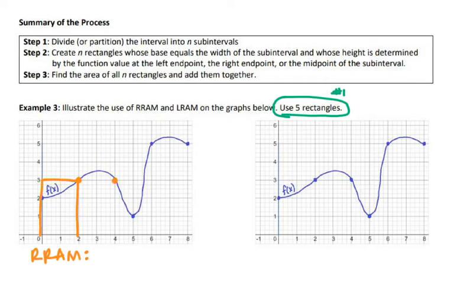So again, you go to that next point and make that the right part of your rectangle. And you're just going to continue doing that. Whether it's over or under isn't your concern. You're basing it all off of the height of the right endpoint of the rectangle.